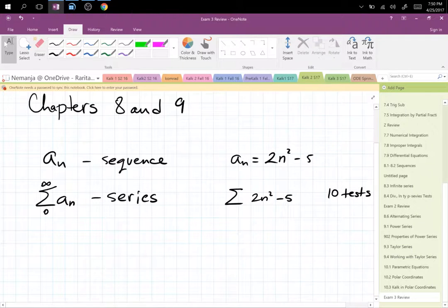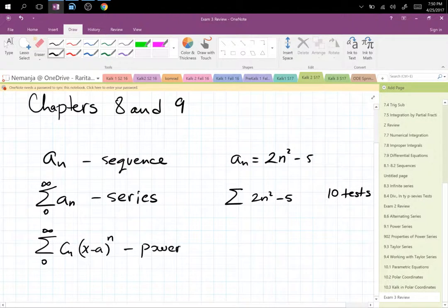And then at the end you have power series, which is again, let's say, 0 to infinity, c_n, maybe (x minus a) to the n. Power series. There are no tests for this. You can use the ratio test, sometimes the root test, for figuring out the radius of convergence of a power series.